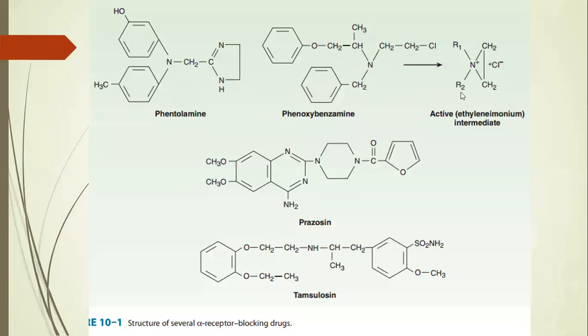Another one is prazosin, which contains a benzene ring in a similar way. Some of them contain OH, and some do not. The ones which contain OH belong to the class of catecholamines, and when there is no OH, they are in the class of non-catecholamines.